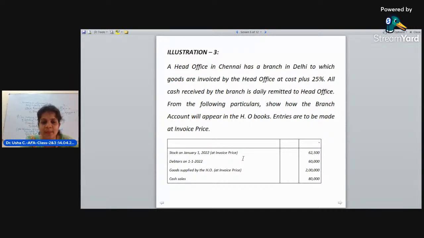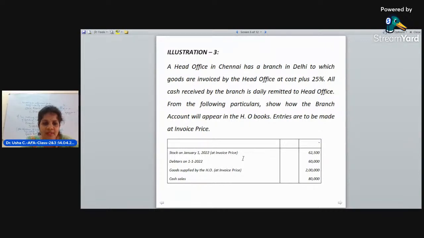Whatever cash is received by the branch is remitted to the head office on a daily basis. From the following particulars show how the branch account will appear in the head office books. Entries are to be made at invoice price. That's specifically saying to prepare the branch account in the books of head office, and these entries are to be made at invoice price. Okay. Next, let us look into the additional information that is given.